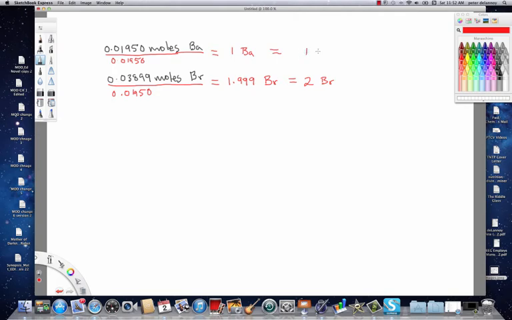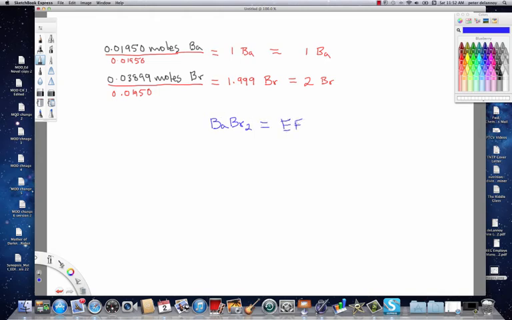This one equal to 1. So the formula of the compound is going to be BaBr2, and this is the empirical formula.